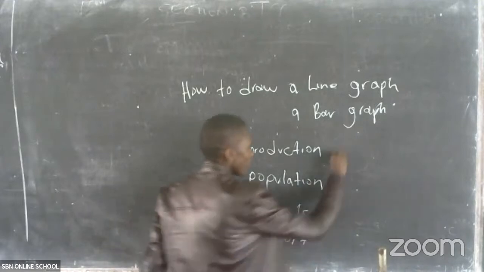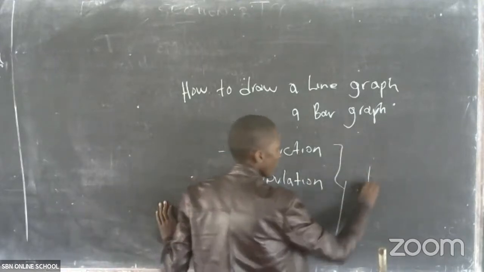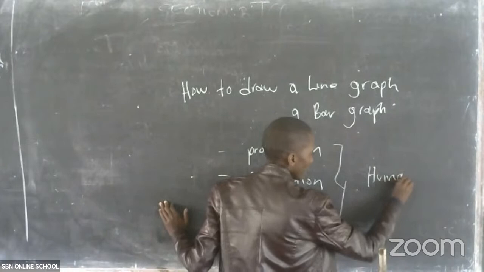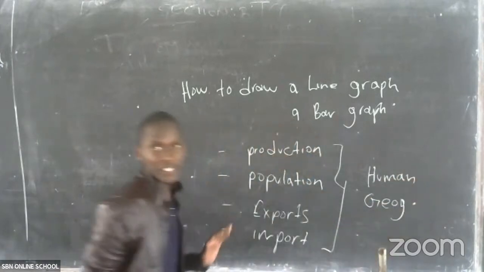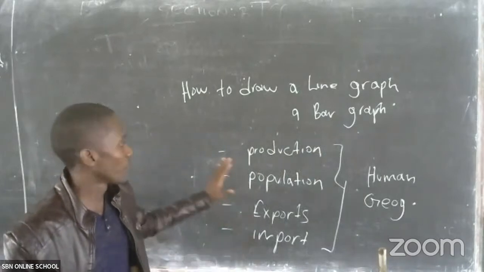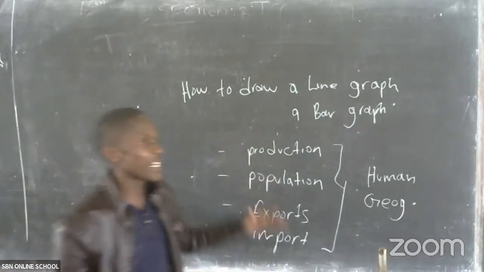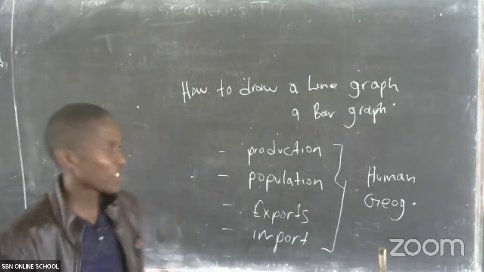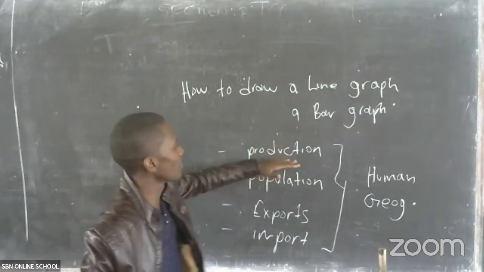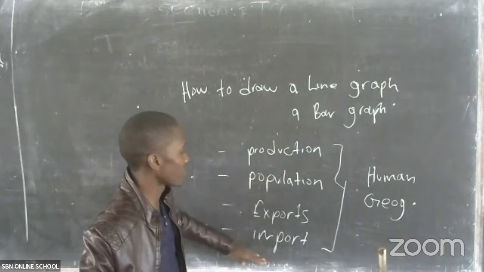Specifically here, we are looking at human geography. So whenever they ask you to draw a line graph or a bar graph, just know that mostly they will be representing such information.